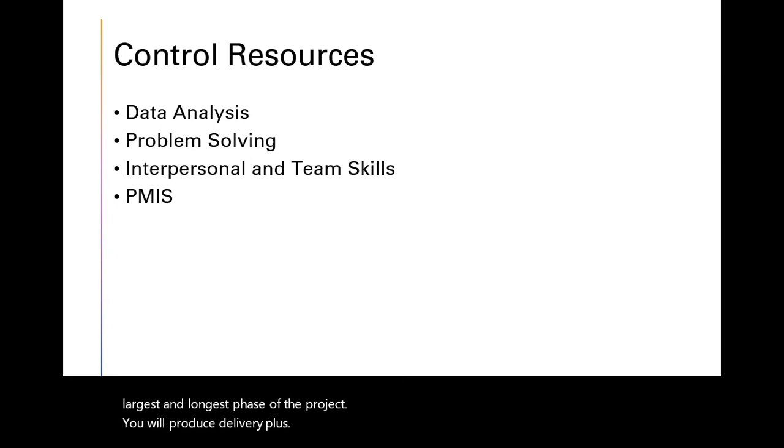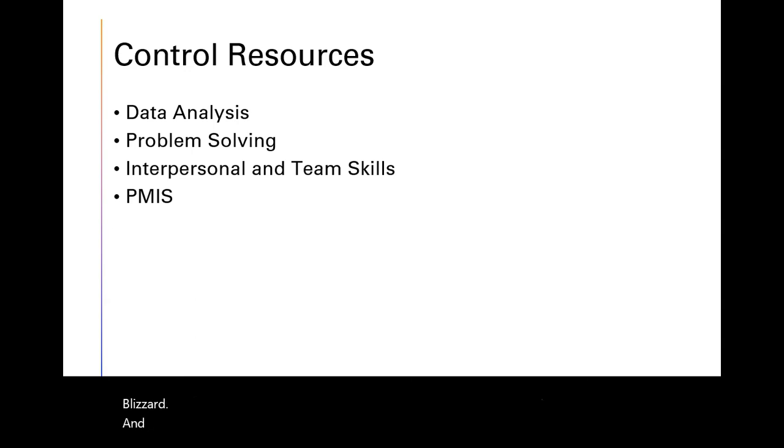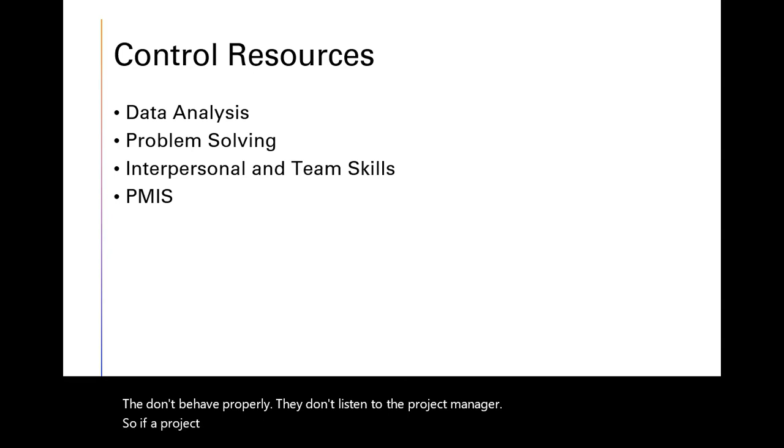And obviously, who will produce those deliverables? Your team members. So you will have to get things done from your team members well on time, according to the specification and within budget. And whenever team members work somewhere, they play politics, they don't behave properly, they don't listen to the project manager. So if a project manager is incapable of getting things done from the team members in time according to specification, obviously you will be in trouble.